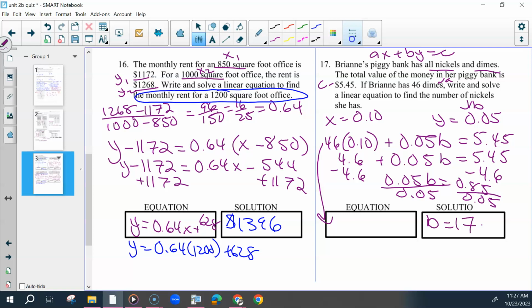But we should have got 17 nickels. Some of us got 19, I think, because we got 0.95. So just be careful in that. So again, the 4 points were the same. Did you label your variables, set up your equation, solve it correctly, and get the correct answer? Questions on that one?